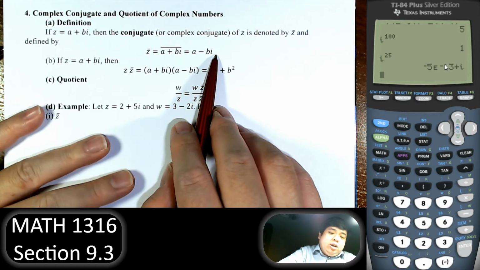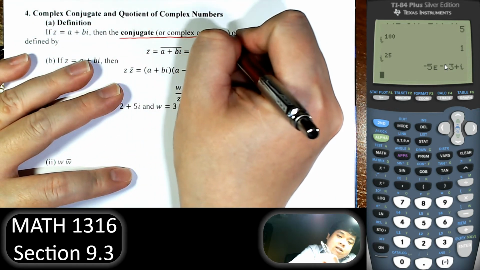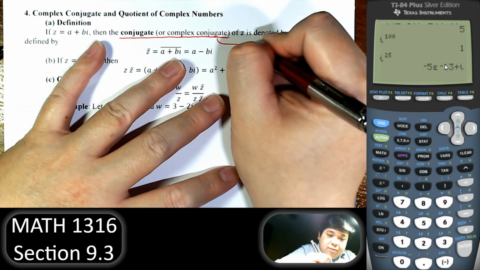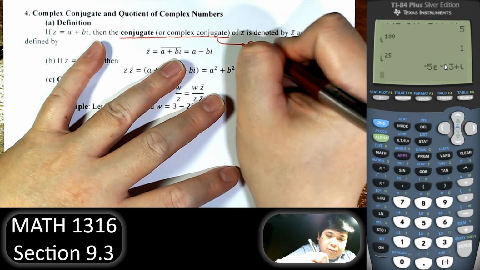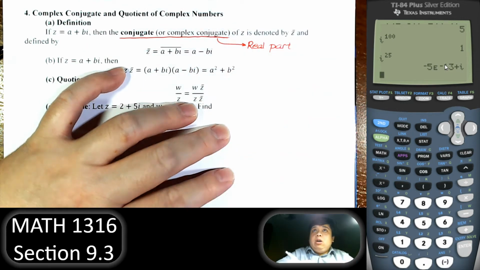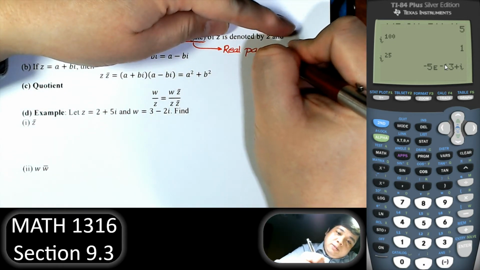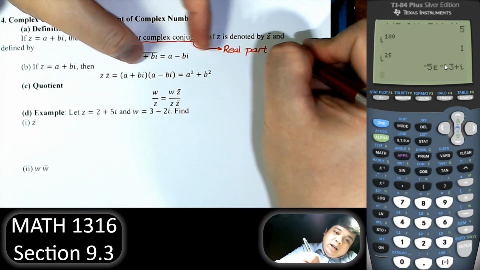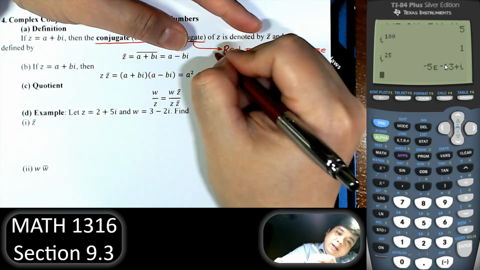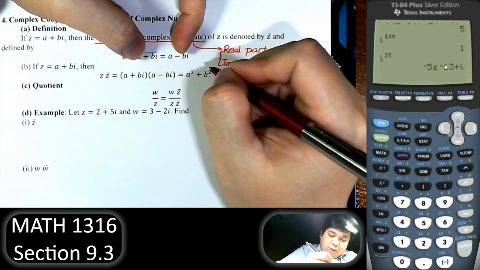So in the complex conjugate, the real part is unchanged, it's the same, a and a, and the imaginary parts are opposite.